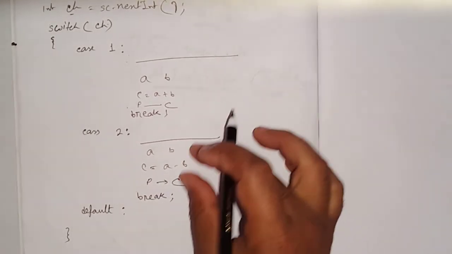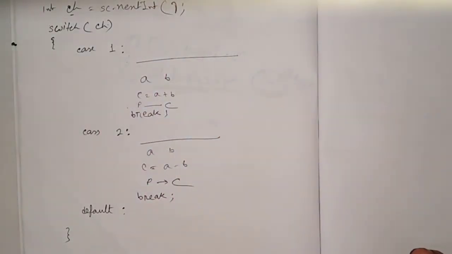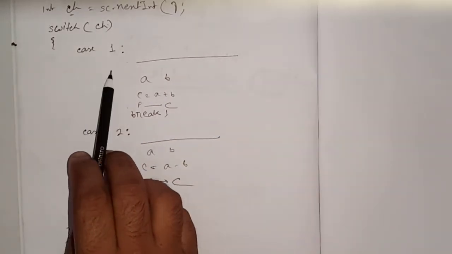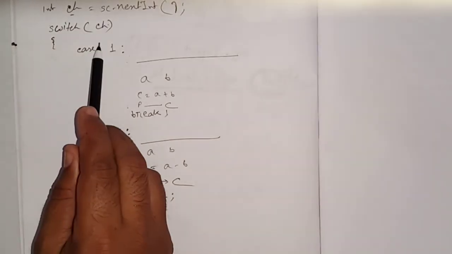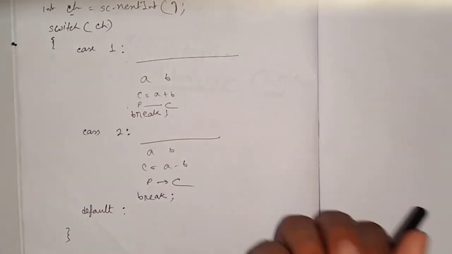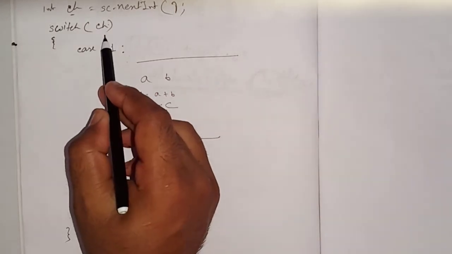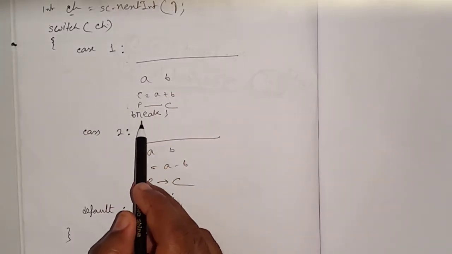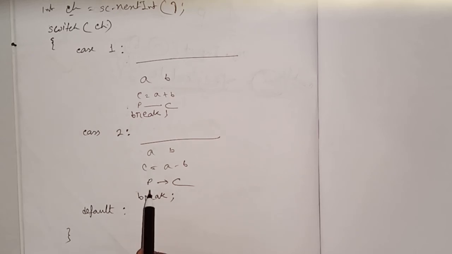This is the work you do inside this case. Whatever work is present in your question paper, you do according to that. But the main thing is the case and the break, which are a must. In switch, whichever variable you take the value in, you use it here. Second bracket, case 1, colon, enter calculation, break, case 2, colon, enter calculation, break, default.